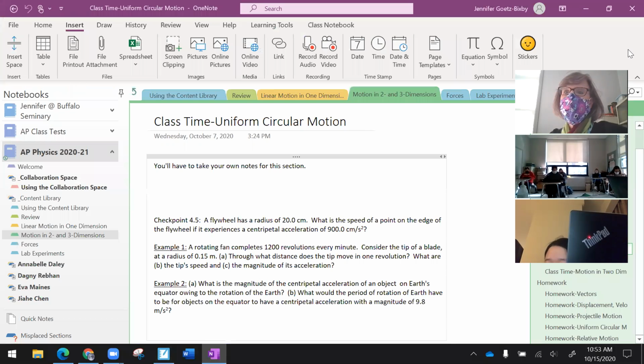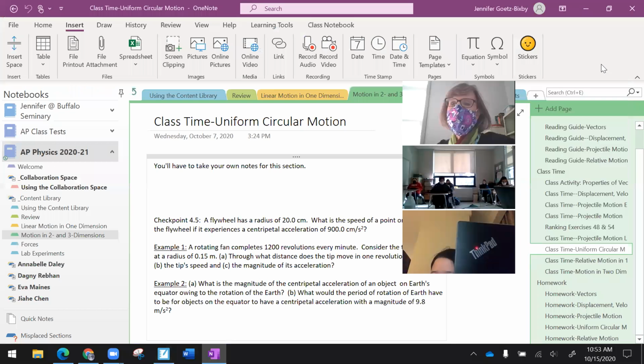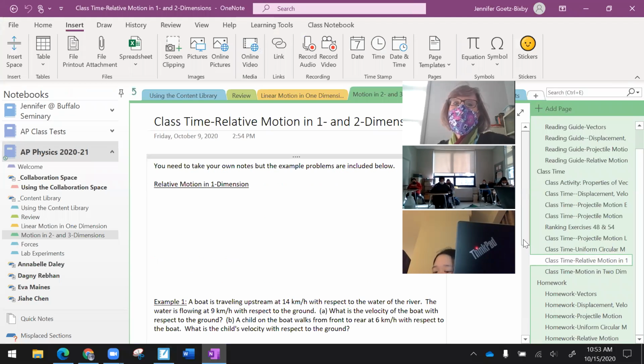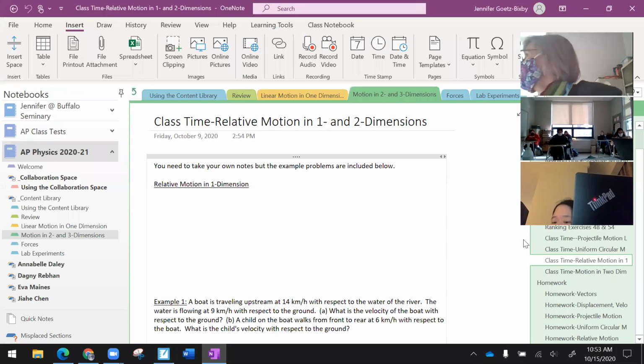If you look, there is a class time notes file on relative motion in 1 and 2 dimensions, but they are not guided notes. I'm probably not going to do that anymore because you should be able to do it. So I just left you a hunk of space that you can extend however much you need to take notes. And then I did type out the problems that we're going to do.